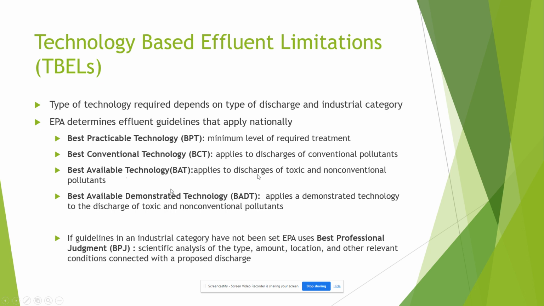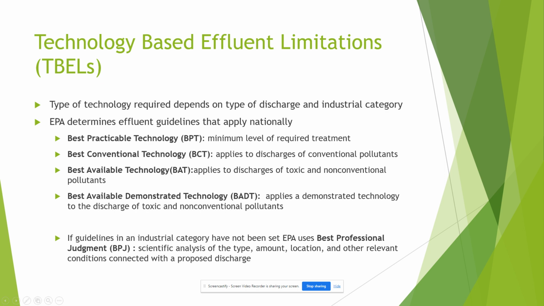So those are for the other two categories of pollutants, toxic and non-conventional. And then best available demonstrated technology. That's a higher standard, and it is for toxic and non-conventional pollutants. In some areas, we need that BADT, which we'll talk about in a minute.